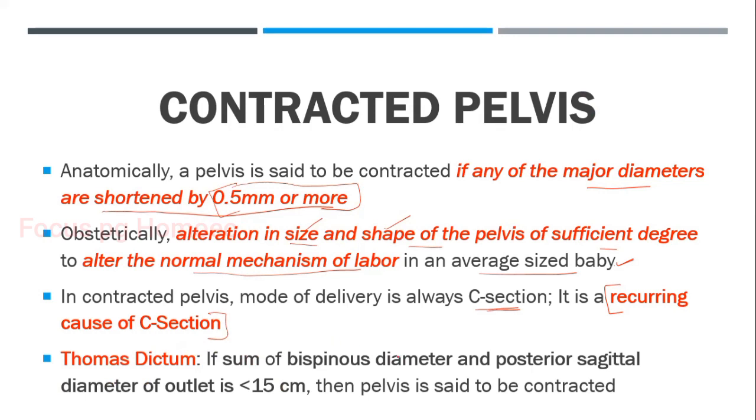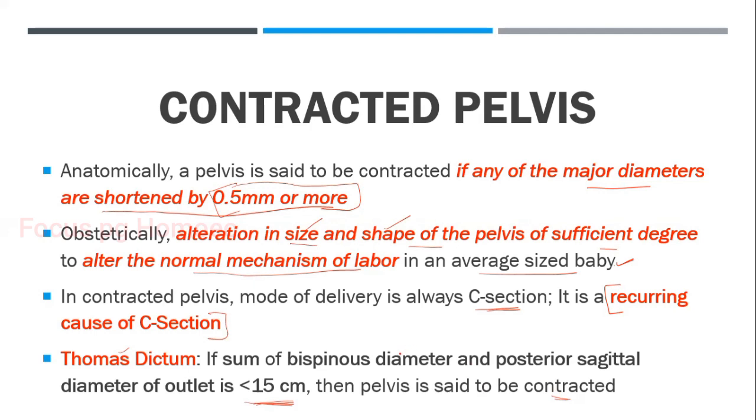If the sum of the bispinous diameter and posterior sagittal diameter of the outlet is less than 15 centimeter, it is usually equal to or more than 15 centimeter, and if it is less, then the pelvis is said to be contracted. It was told by Thomas, and it's called Thomas dictum.